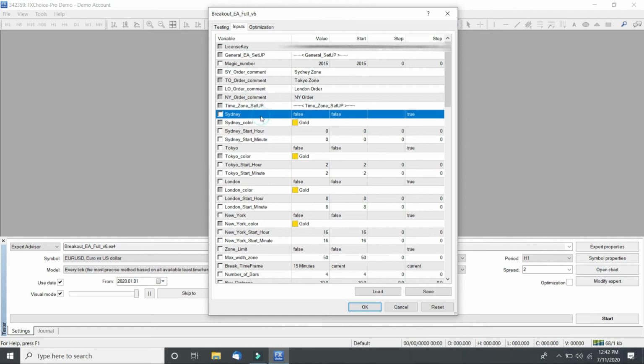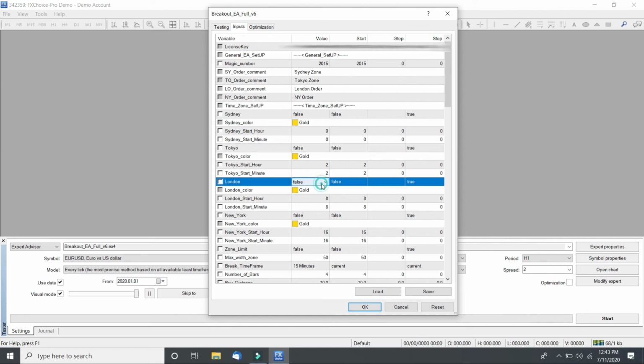We have Sydney, the Australian session, Tokyo, that's the Asian session, London, that would be the Europe session, and New York, which would be the US session. All are set to false because you want to set only one session at a time. You don't want to set more than one session at a time.